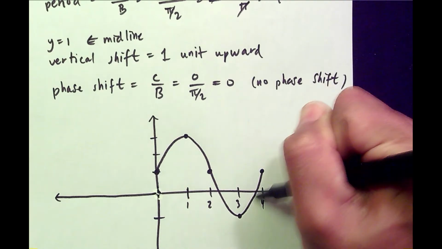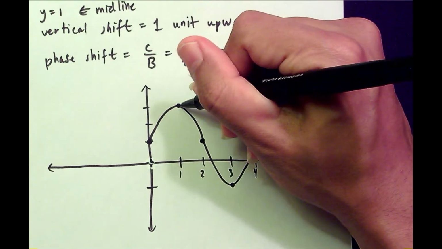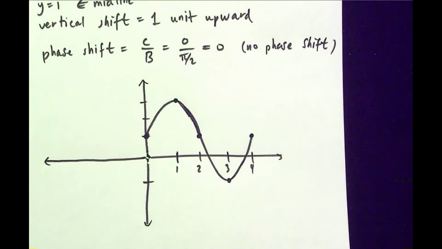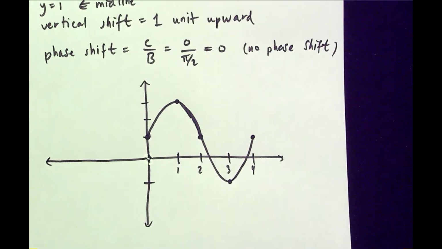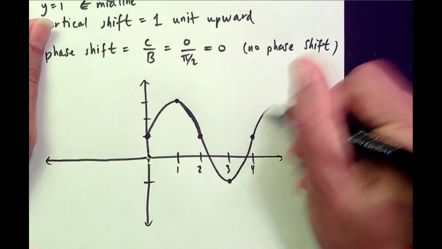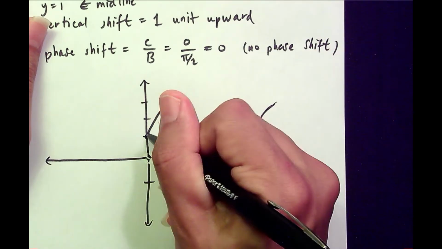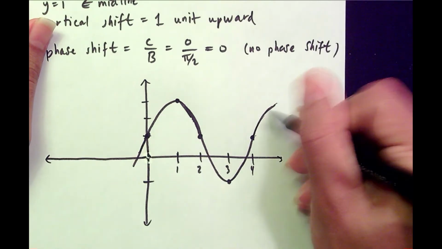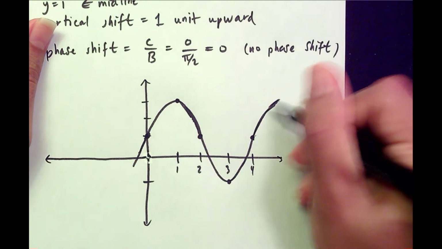This is a graph of one period of my graph. And I know that this repeats on forever. So if I keep going, the graph is going to look like that.